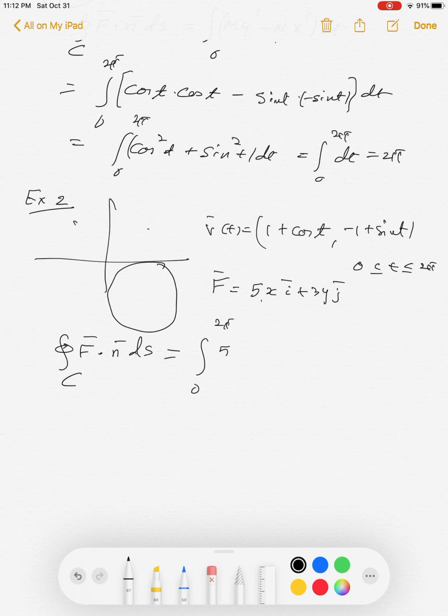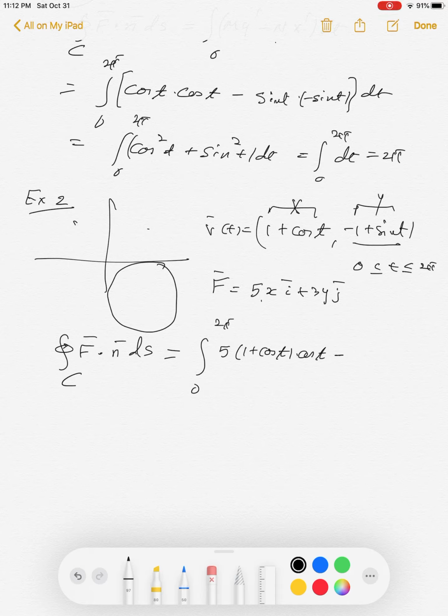That's going to be the integral 0 to 2 pi. My m is 5x, x is 1 plus cos t, times y prime. This is my x(t) and this is our y(t).